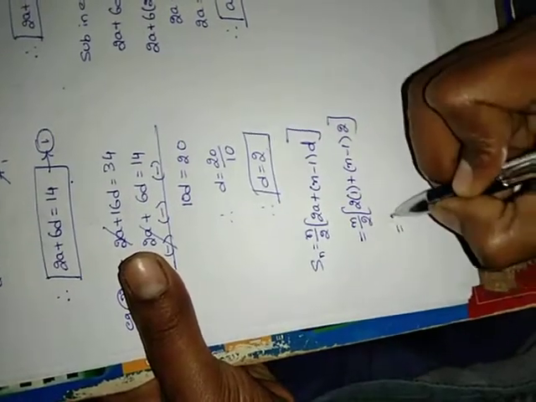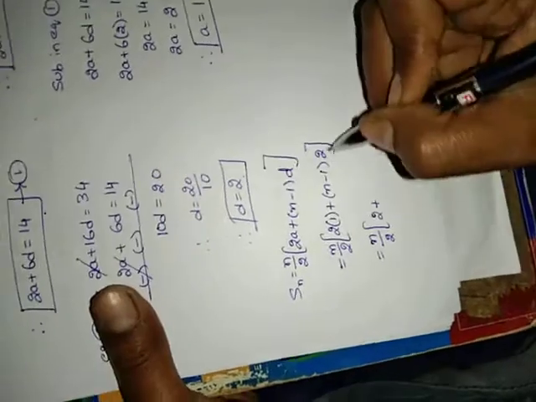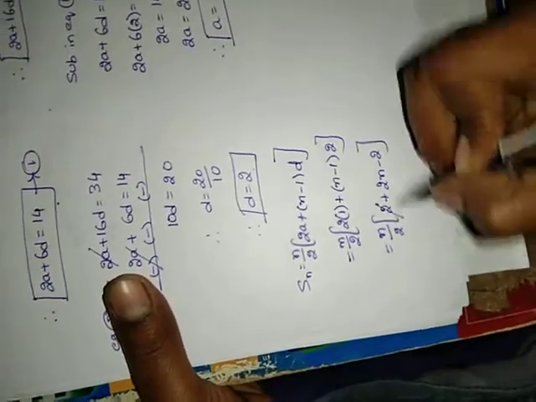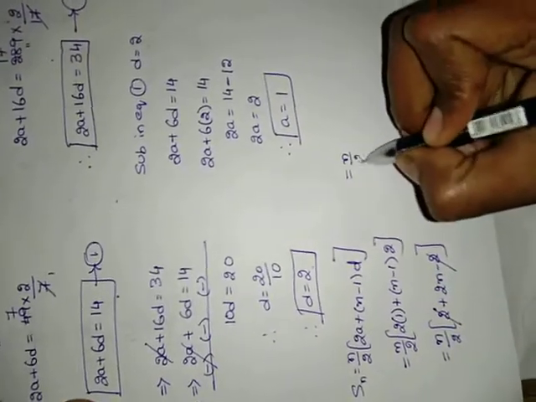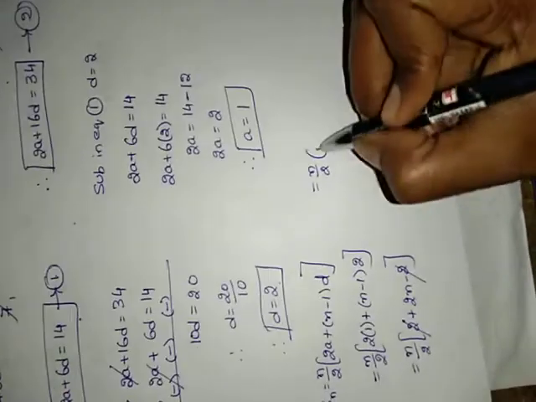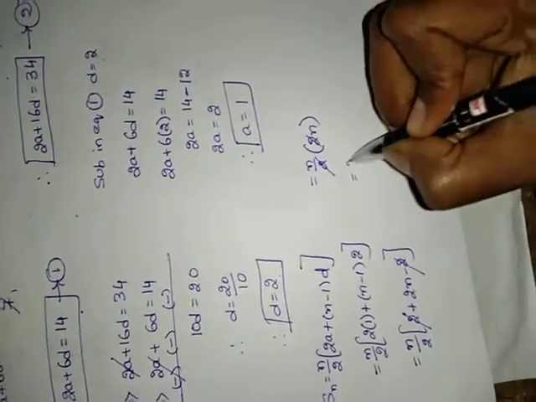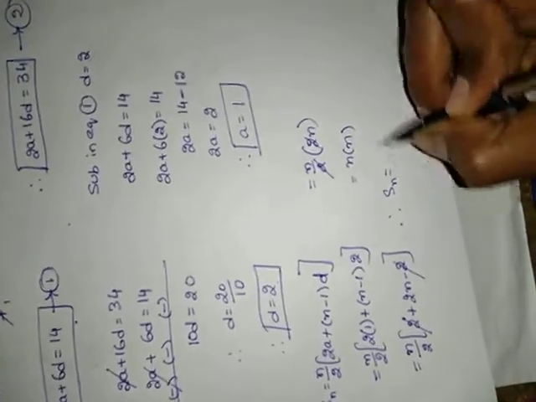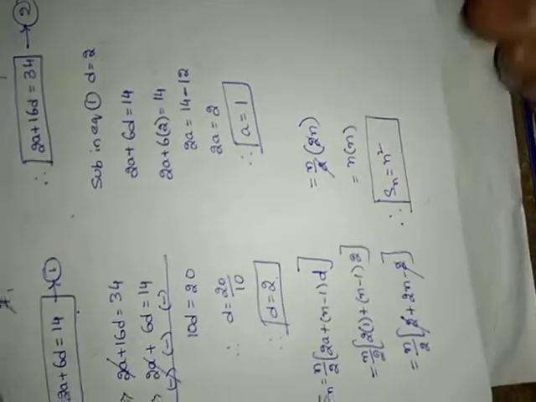Solve it. n by 2 into 2 ones are 2, plus multiply with this 2n minus 2. Here see, plus 2 minus 2 cancel. Now what we got? n by 2 into 2n. Here see, 2 ones are 2. What we got? n into n. Therefore, Sn equals n into n, how much? n square. That's all. Problem is over.